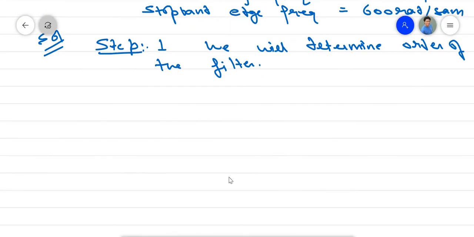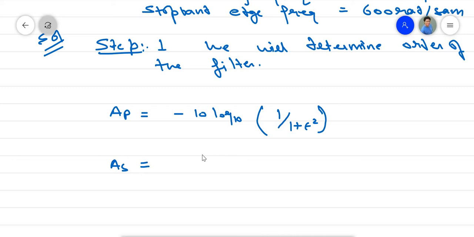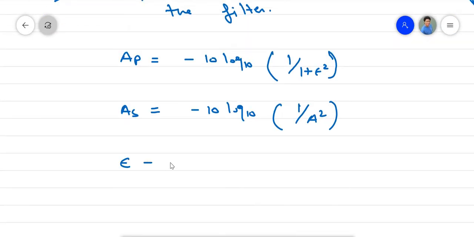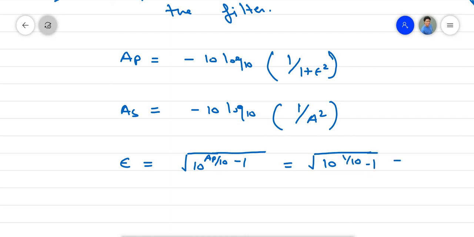For that, we will find out the value of passband ripple factor and stopband attenuation. So we know the relation: Ap is equal to minus 10 log base 10 of 1 over 1 plus epsilon squared, and As is equal to minus 10 log base 10 of 1 by A squared. Solving this, we get passband ripple epsilon equals the square root of 10 to the power Ap by 10 minus 1, which is equal to 10 to the power 1 by 10 minus 1, and gives the value 0.5088.